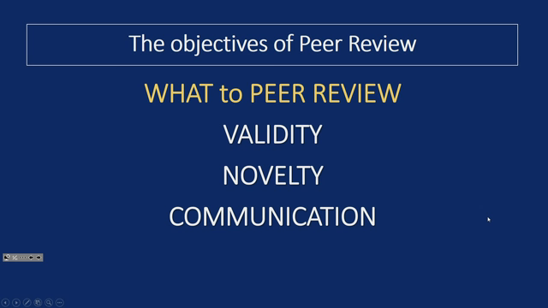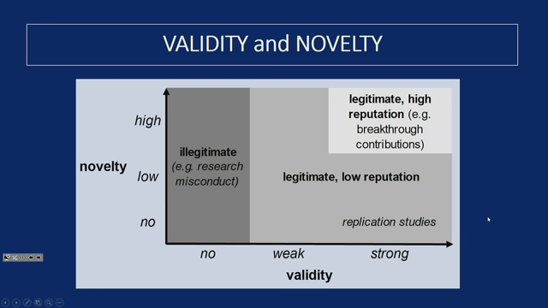So the condition sine qua non for validity is that research is conducted ethically. We see on the left side, if research is conducted unethically, for example by manipulating data, it will result in no validity and an illegitimate manuscript.